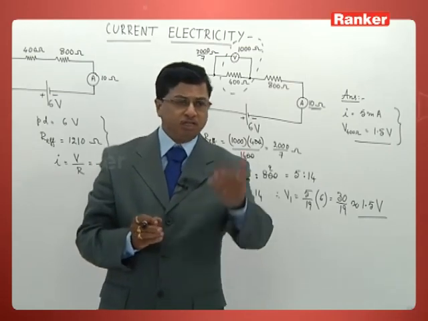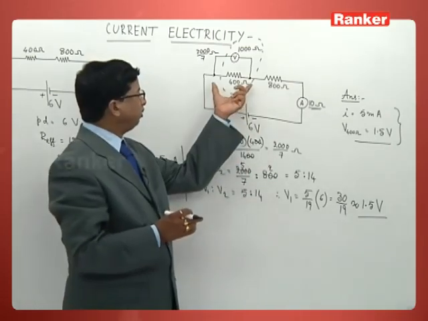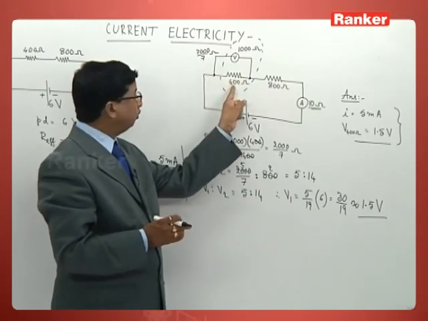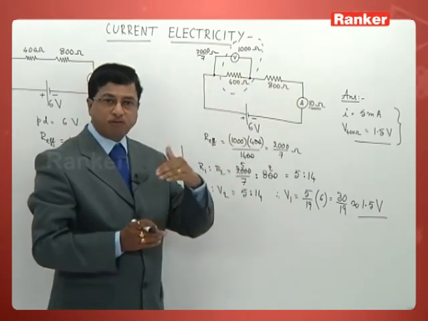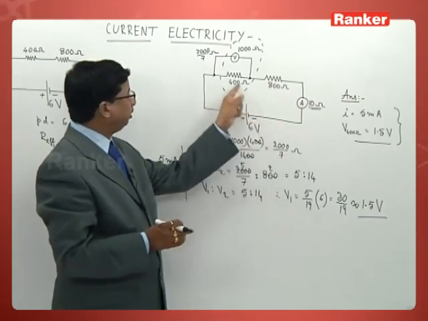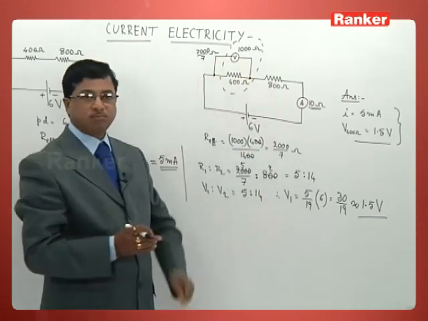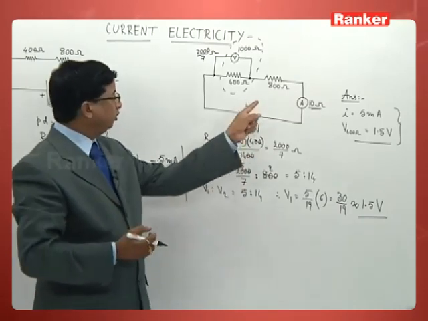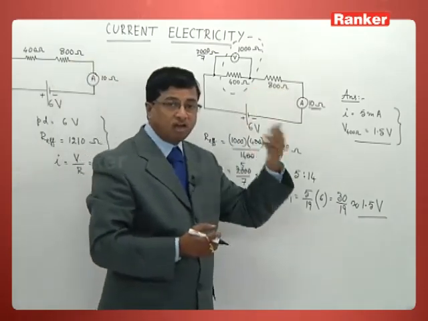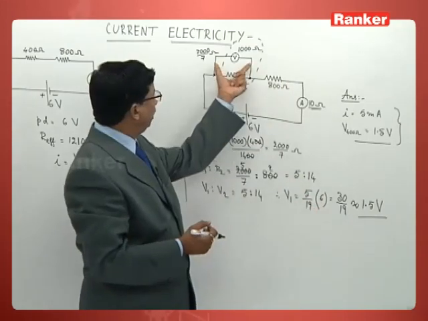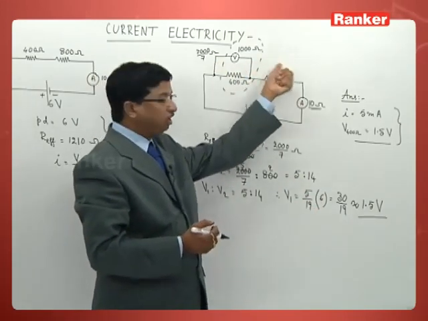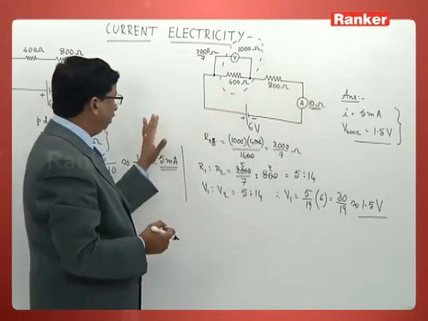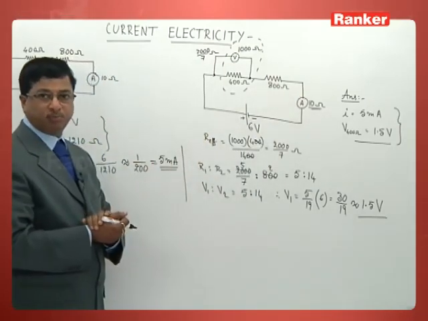For example, in this problem, he just wants to calculate the potential difference across 400 ohm. Therefore, we should connect that voltmeter across this. Suppose he wants us to calculate the potential difference across 800 ohm, then you have to connect this one across 800 ohm there. This is actually the method one has to follow.